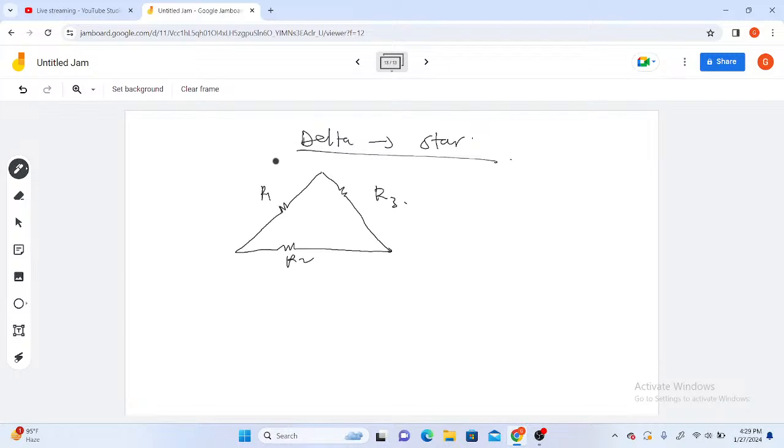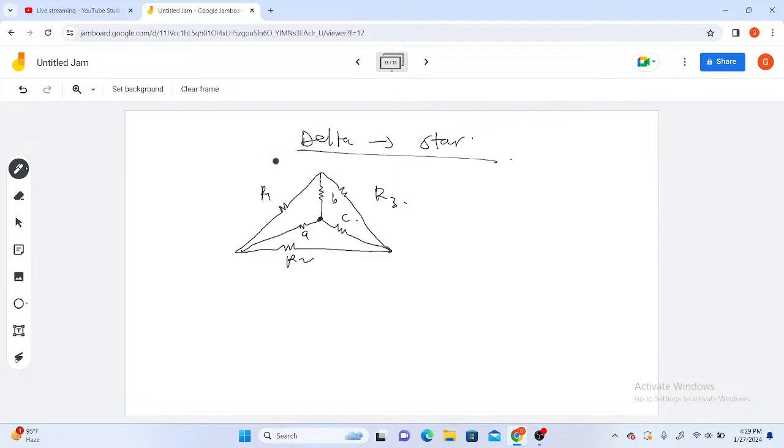Then to find the star transformation, you draw a resistor between each of the two resistors here. So within this, I'll draw one here, a node here. I'll draw another one between here, then finally another one here. A, B, C.